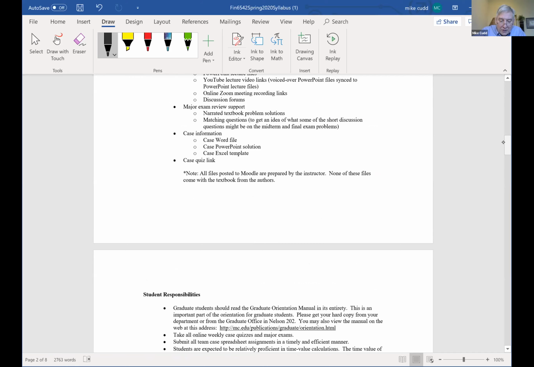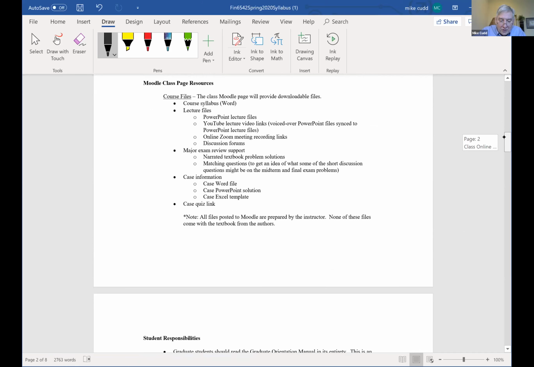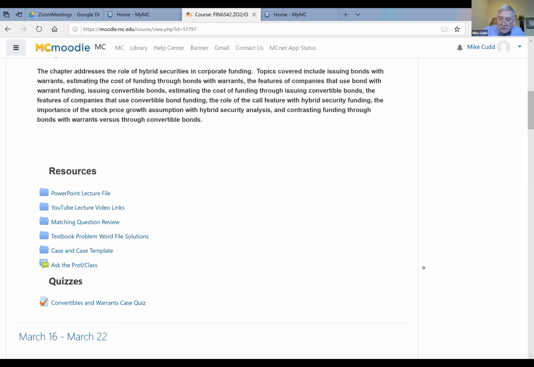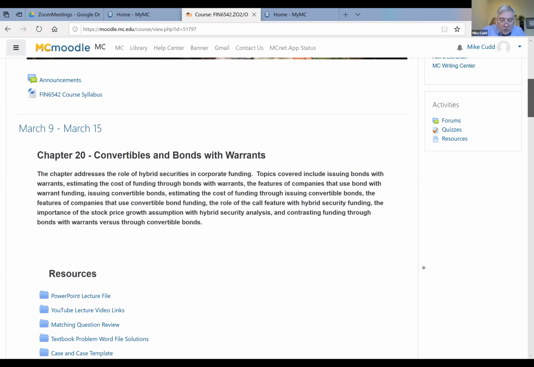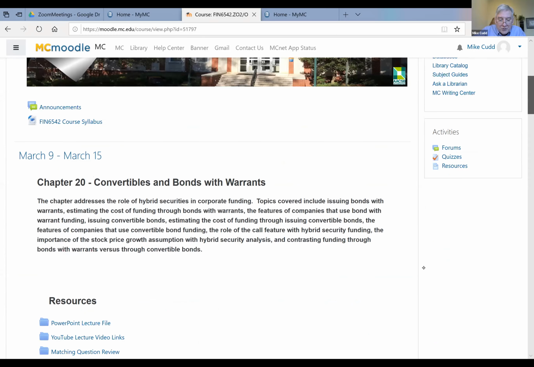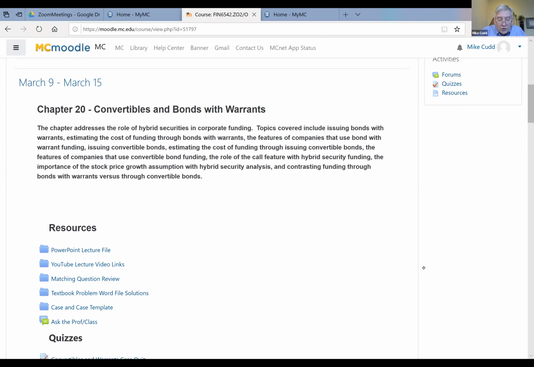The Moodle page that goes with this course is very important, extremely important. For instance, there's a copy of the syllabus, but this first week, we're only looking at one chapter, hybrid securities, specifically convertible bonds and bonds with warrants.